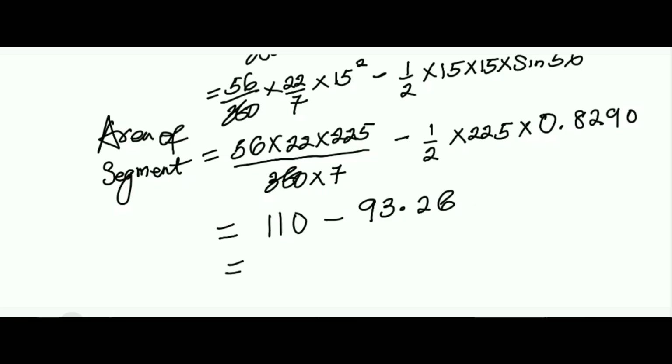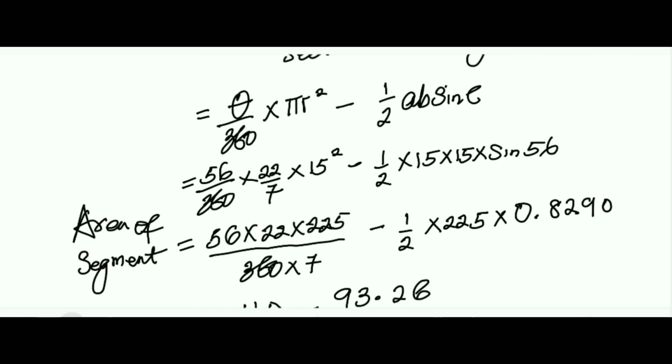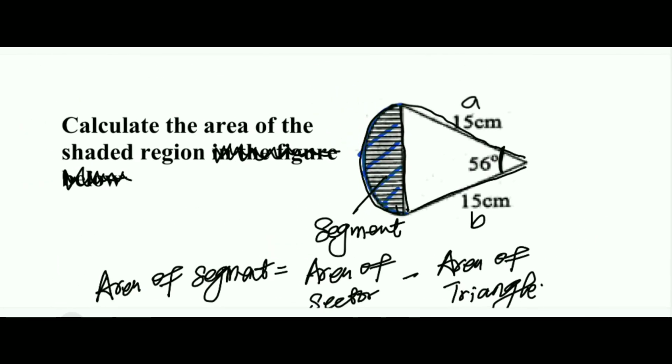So the difference between these two would give me 16.74 centimeters squared. Your area is in centimeters squared, and so that's the area of the shaded portion.